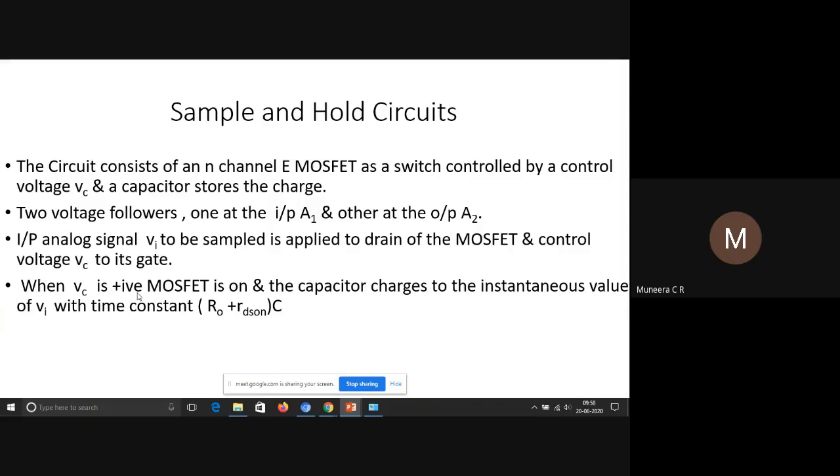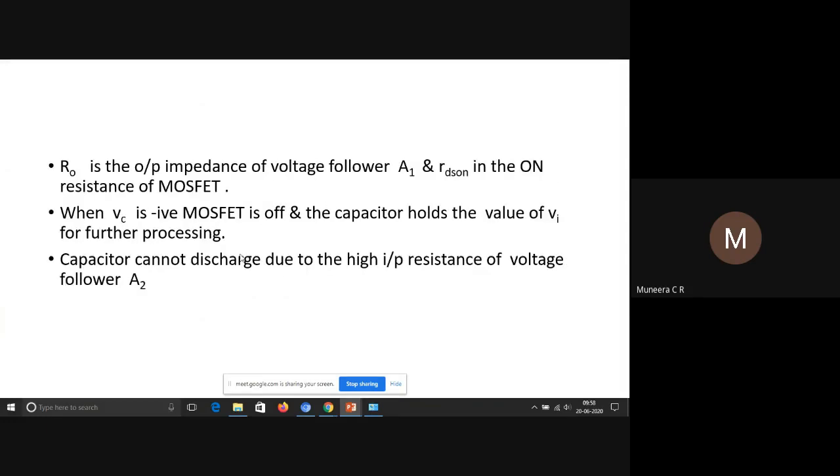When Vc is positive, the MOSFET is on, and the capacitor charges to the instantaneous value of Vi with the time constant (R0 plus RDS on) times C. R0 is the output impedance of the voltage follower, and RDS on is the on resistance of the MOSFET. When Vc is negative, the MOSFET is off and the capacitor holds the value of Vi for further processing. The capacitor cannot discharge due to the high input resistance of voltage follower A2.